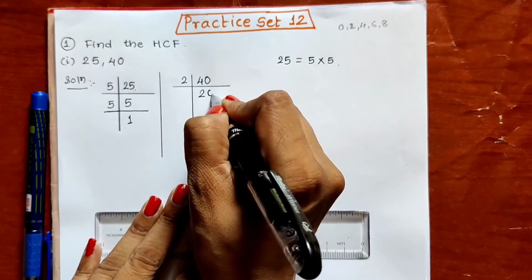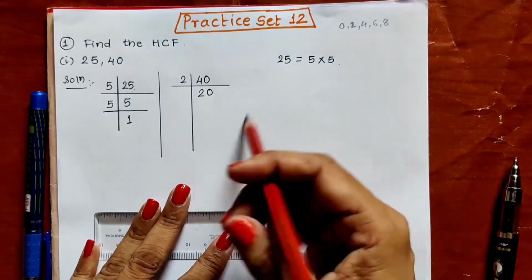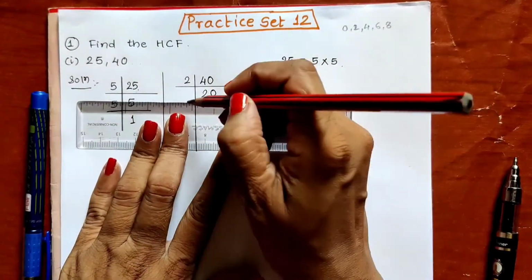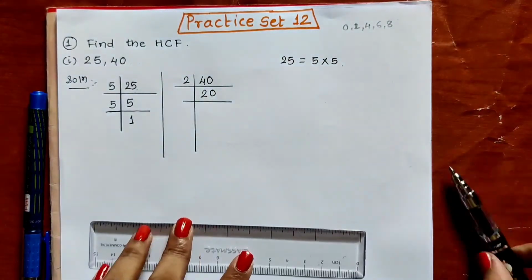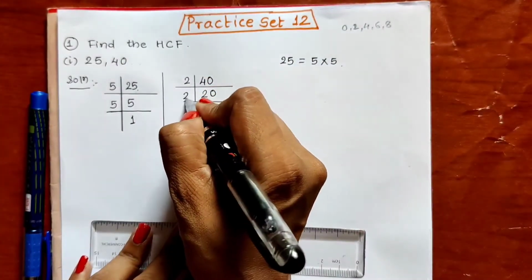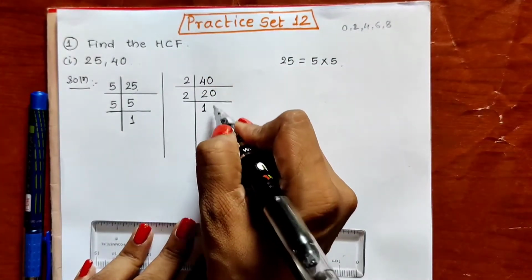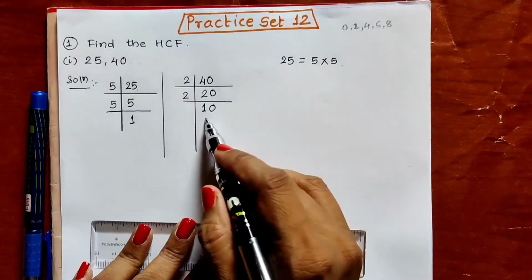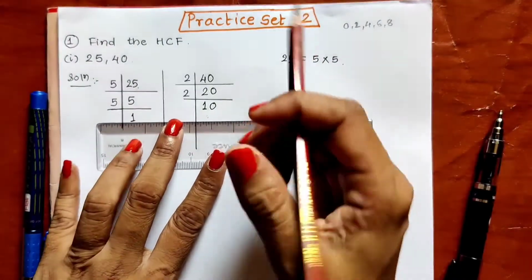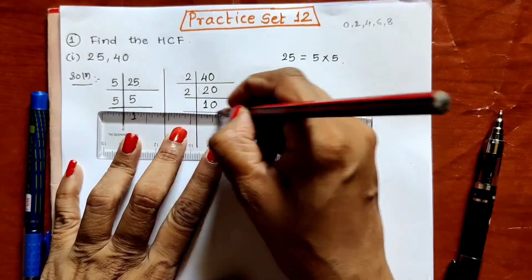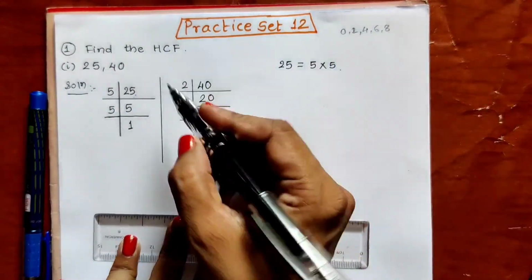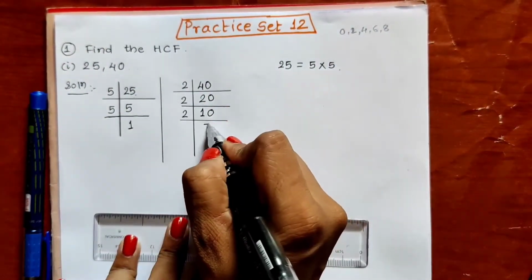2 twos are 4 and 2 zeros are 0. We have got 20. 0 is there in the unit place. So again 20 is divisible by 2. 2 ones are 2 and 2 zeros are 0. We have got 10 here. So 10 means 0 is there in the unit place. Again 10 is divisible by 2. 2 fives are 10.